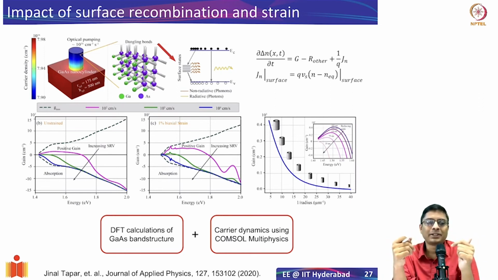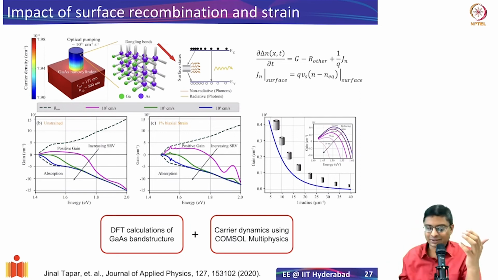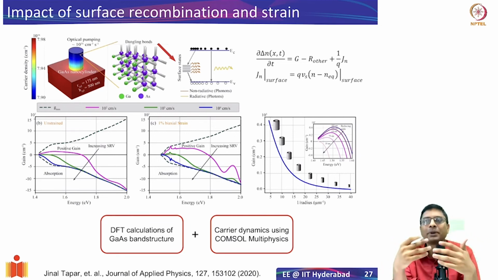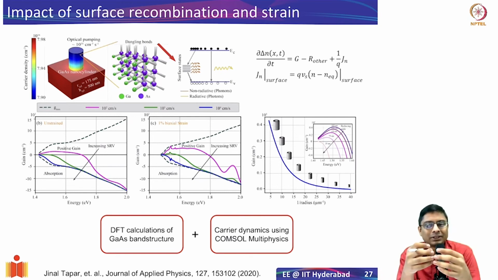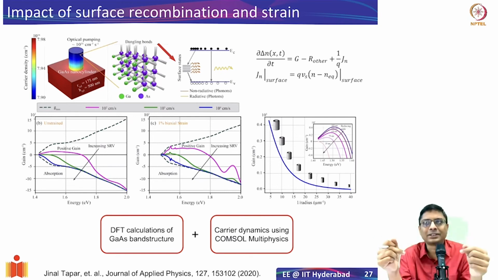So now what is going to happen is, if you pump it, in a typical structure we'll say that we created electron hole pairs and we have gain. But the moment you consider a nanostructure, it's not true anymore, because the carriers at the surface are getting recombined through the states, and then new carriers are coming towards the surface.